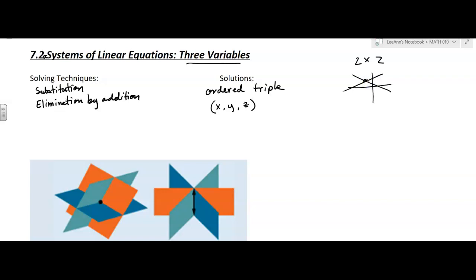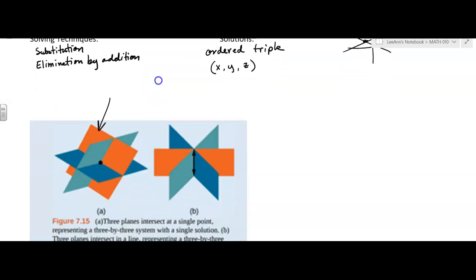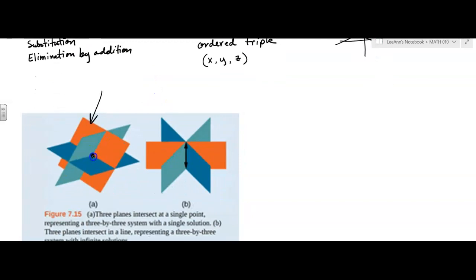When we have three variables, it's a little bit harder to graph these. That's why I've provided a picture, because each equation represents what's called a plane. You can think of it like a flat piece of paper. So you have three equations, you have three pieces of paper. One way they can intersect is you could just have them meet in one point.